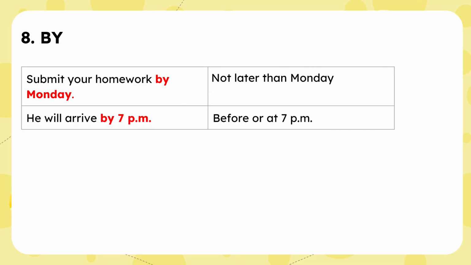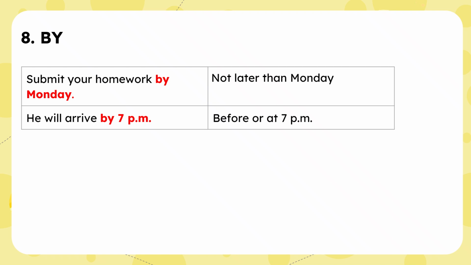The next preposition of time is by. Submit your homework by Monday, not later than Monday, or he will arrive by 7 p.m., before or at 7 p.m. So by shows a deadline. Somebody has given you a deadline, and if you want to meet that deadline, you will use by.